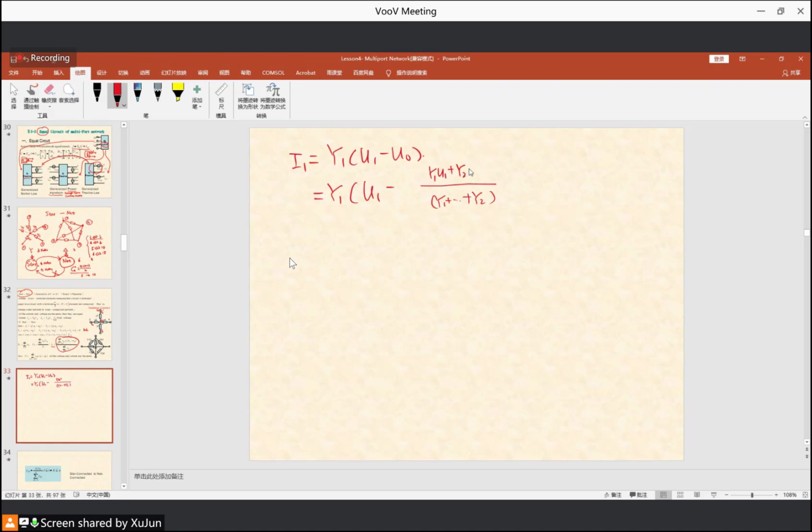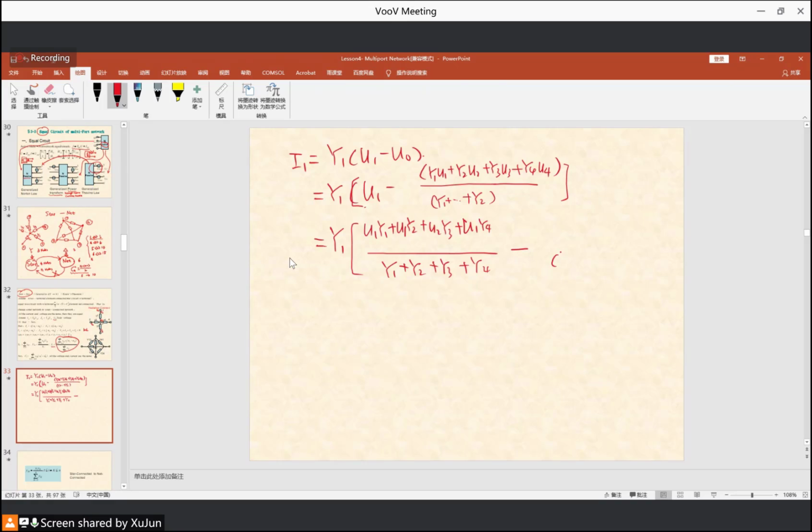So for this U1, we express it as U1 Y1 plus U1 Y2 plus U1 Y3 plus U1 Y4 over Y1 plus Y2 plus Y3 plus Y4, minus Y1 times Y1 U1 plus Y2 U2 plus Y3 U3 plus Y4 U4.